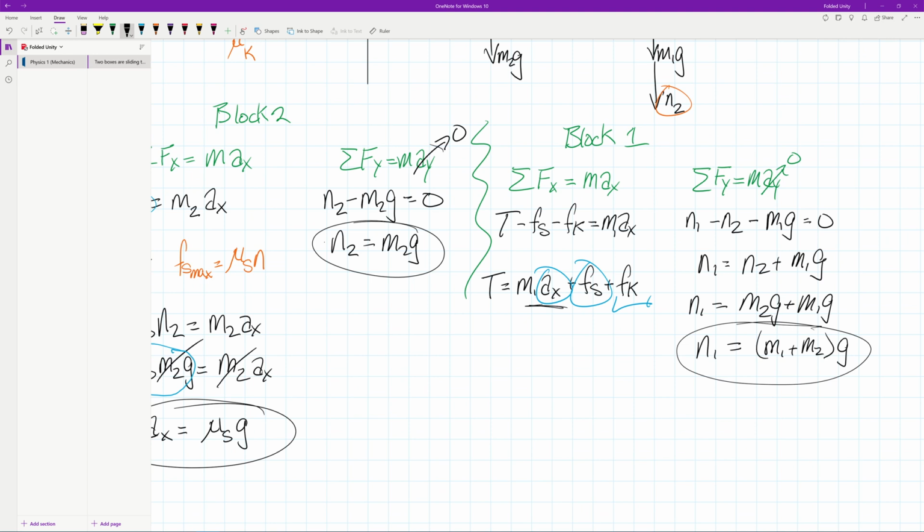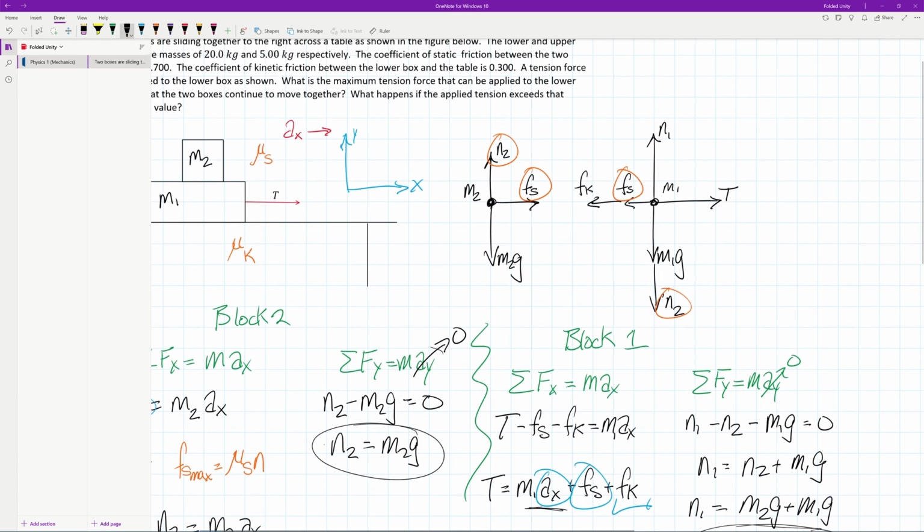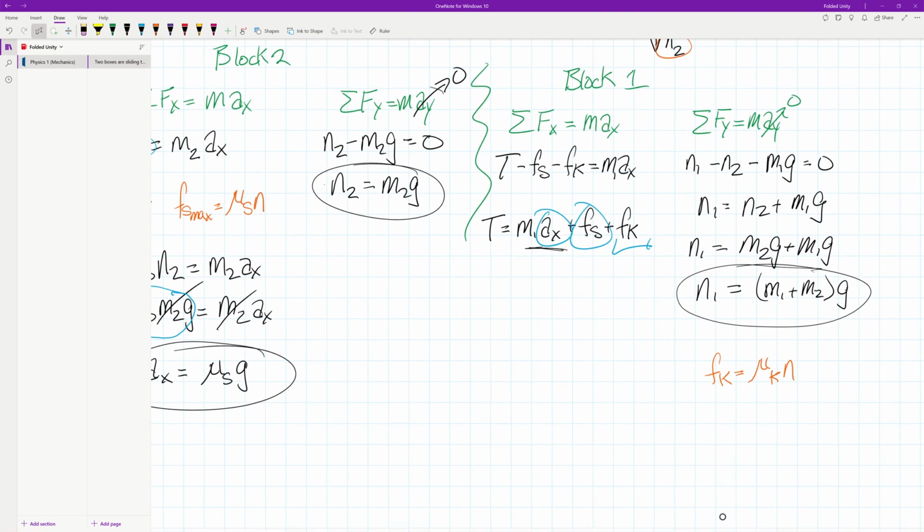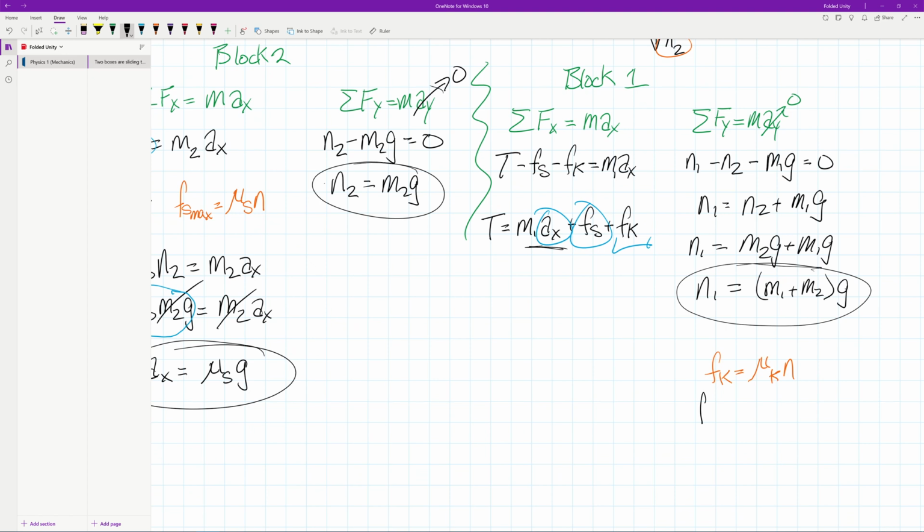A kinetic friction force, let's start in orange here. Kinetic friction force, Fk, is going to equal mu k times the normal force. And that normal force for us is not going to be N2 because that was between the top and bottom block. We want the normal force between the bottom block and the table, which is actually this N1 right here. So the kinetic friction force is going to equal mu k times N1.